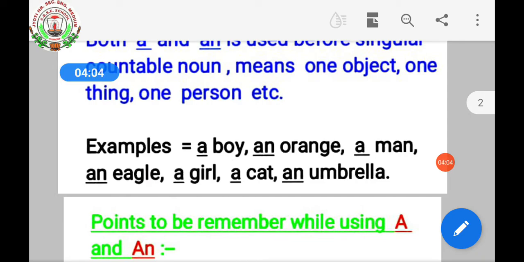An eagle. Only one eagle. A girl. Only one girl. A cat. Only one cat. An umbrella. Only one umbrella. We do not say a boys, a oranges, a mans, an eagles, a girls, a cats, an umbrellas. So when we are talking about one person, one thing, we use a and an.